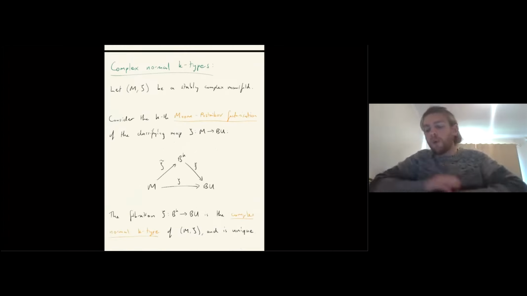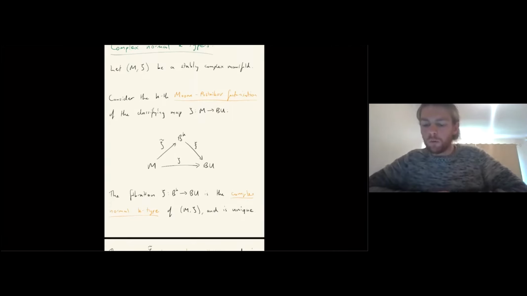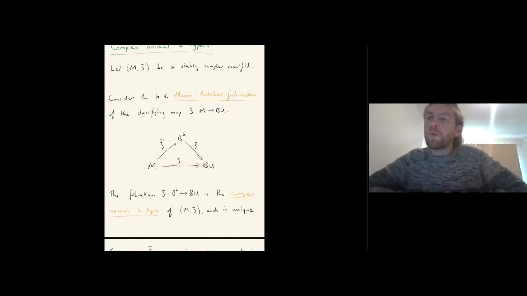So okay, what are complex normal k-types? Let's say we have a stably complex manifold. What we want to do is take the Moore-Postnikov factorization of this map. If you've seen Postnikov towers, or Postnikov theory of a space, this is a version just for maps.